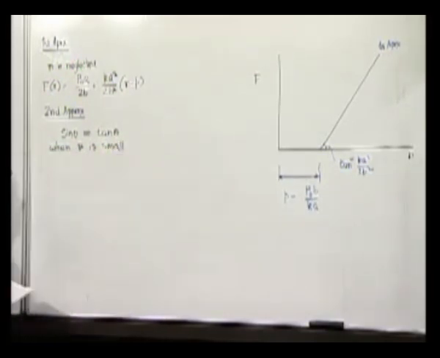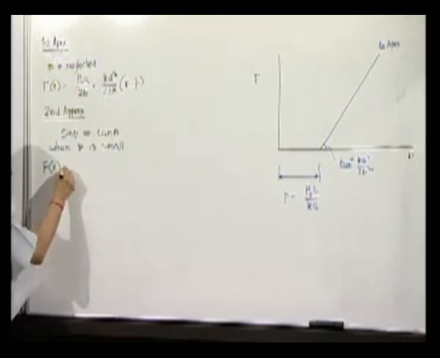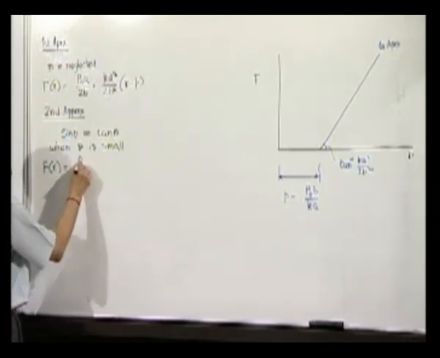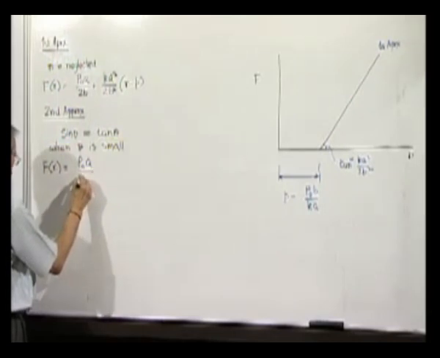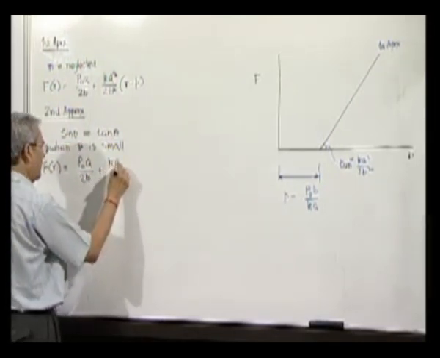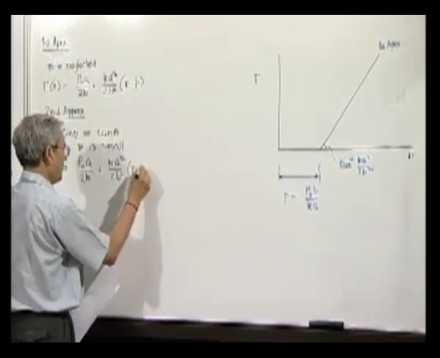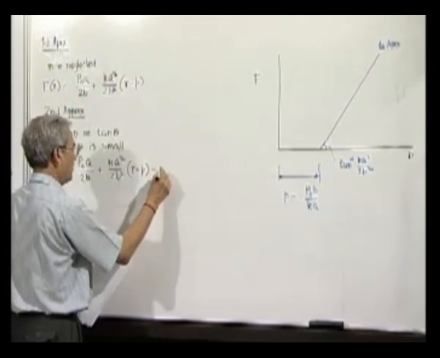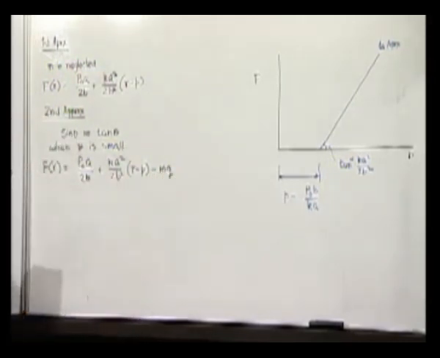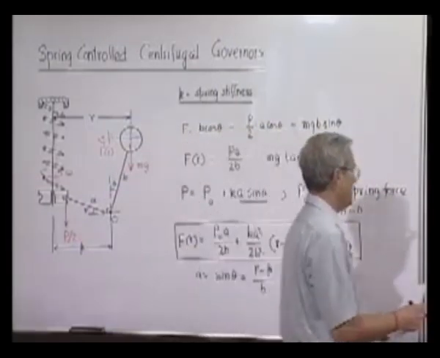If we make this approximation, then you will find the expression of F will be, now this tan theta can be replaced by sin theta, which is again nothing but r minus p by b.